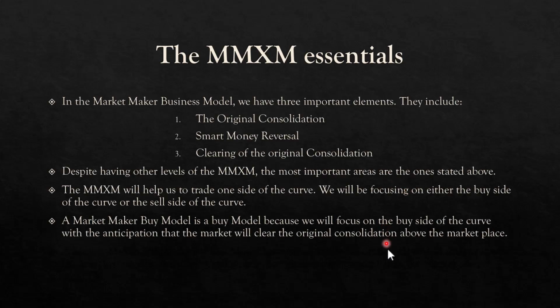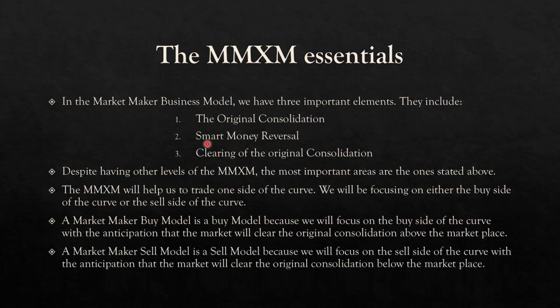A market maker buy model is a buy model because we will focus on the buy side of the curve with anticipation that the market will clear the original consolidation above the marketplace. Whereas a market maker sell model is a sell model because we'll focus on the sell side of the curve with anticipation that the market will be able to clear the original consolidation that is residing below the marketplace.